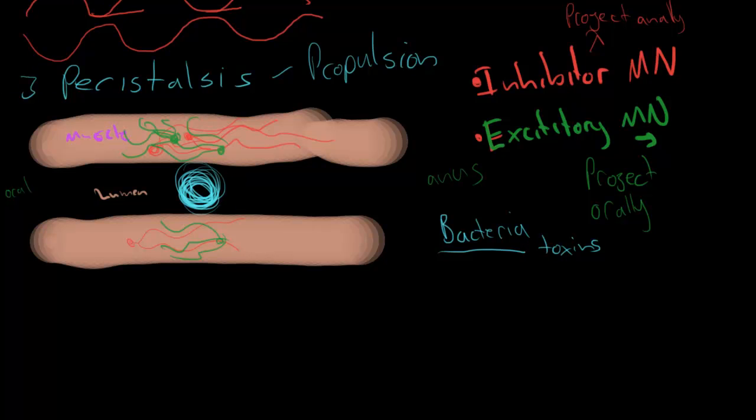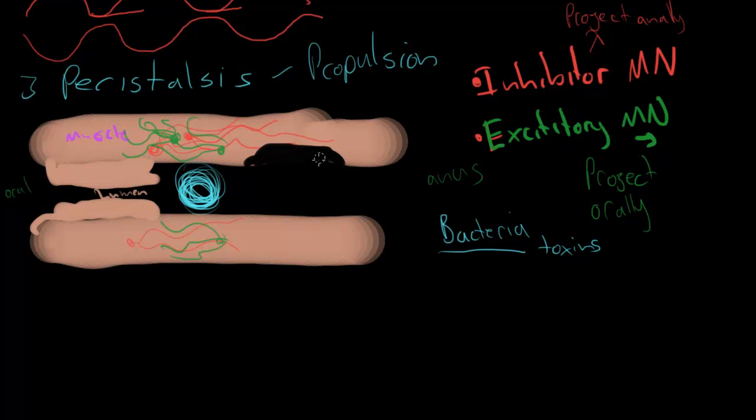Now that's going to cause a contraction on this end, oral, and the inhibitory ones are also going to be stimulated, which is going to cause relaxation of the circular muscle fibers this way.